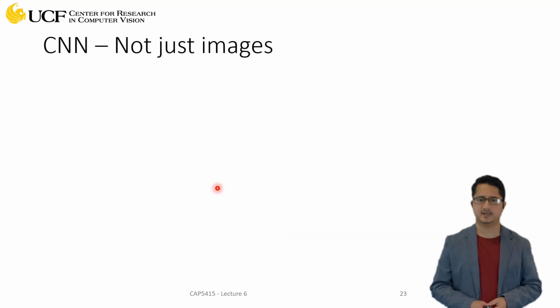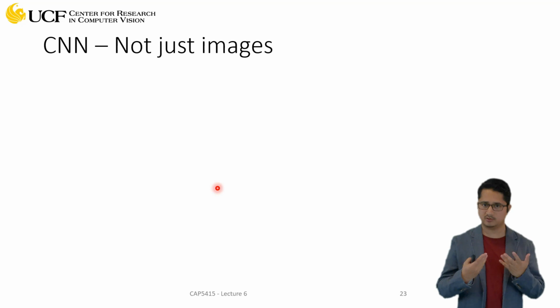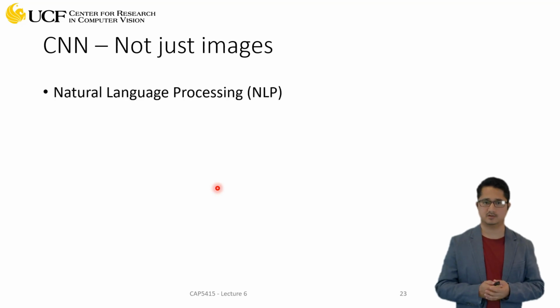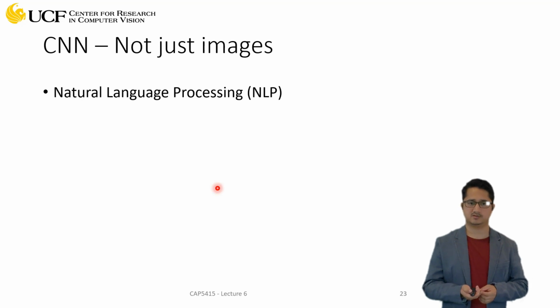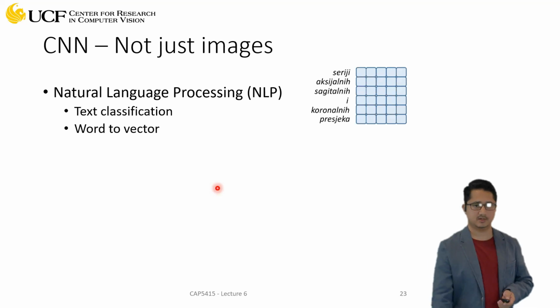Now, earlier I said images are used as input mostly. What I meant is we can use some other kind of modality as well. We can use natural language as input to CNNs. The idea here is, let's say we are doing text classification. If this is your sentence in some language, a sentence will have a sequence of words. Each word can be converted to a vector, and there are different ways to do that.